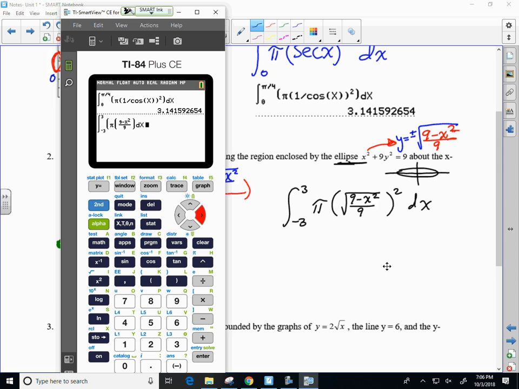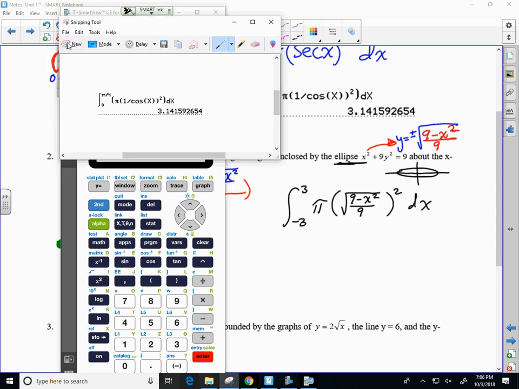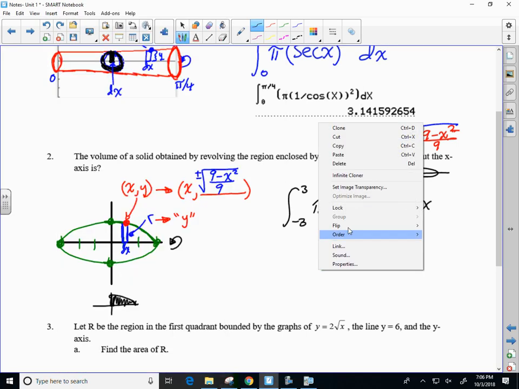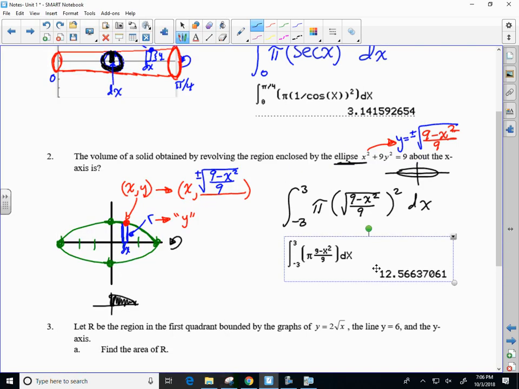But again, during a test, maybe you put it in exactly as you see it for fear that you're going to make an inappropriate assumption. But this would be my volume. This would be the volume of the football. So I guess a 6-inch football, like one of the mini guys, has roughly a volume of about 12.6 cubic inches. I don't know. It could be a little football, but I don't know.